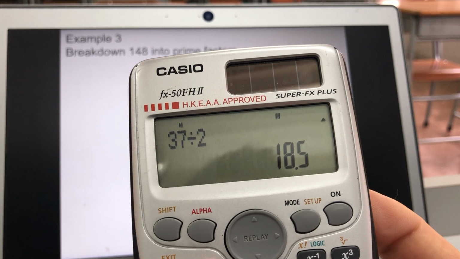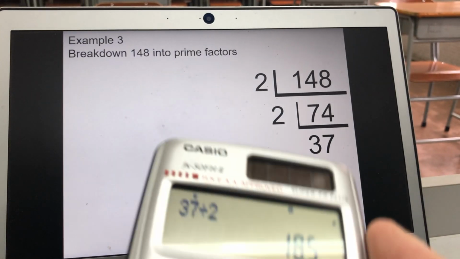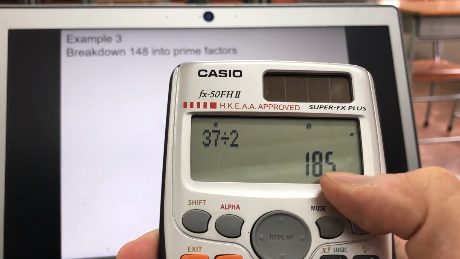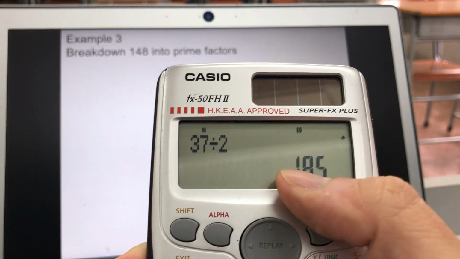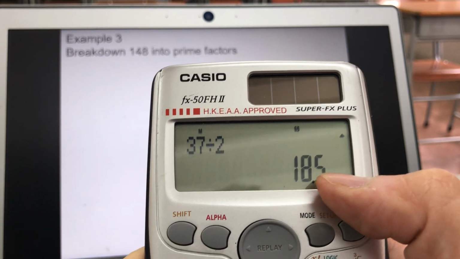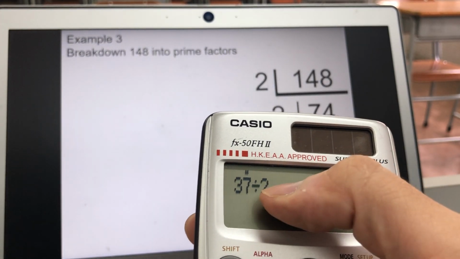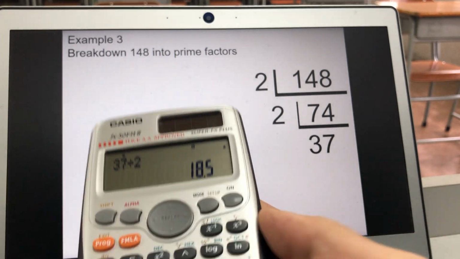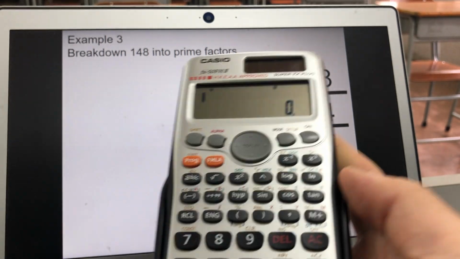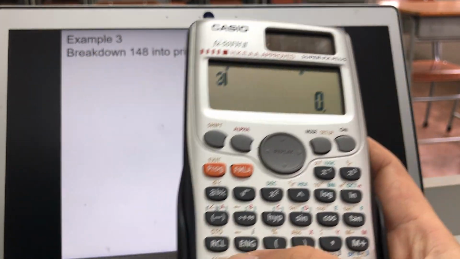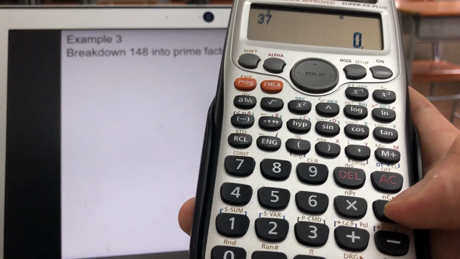Oh, it's not good. We have a decimal number, 18.5. So that means that we need the results to be an integer, a very nice integer, but there's a decimal number here. That means that 37 cannot be divided by 2 completely. So 37 cannot. What about 3? 37 divided by 3.